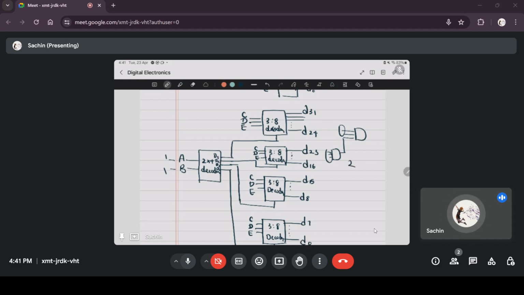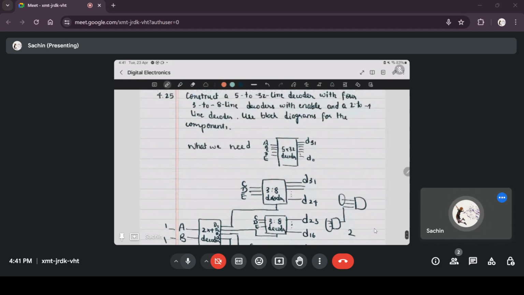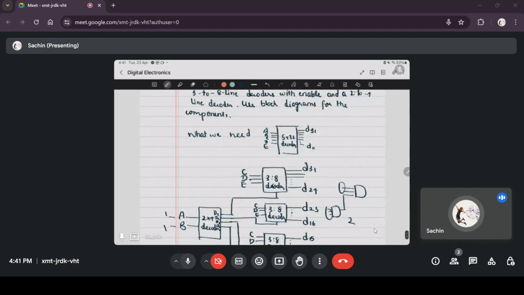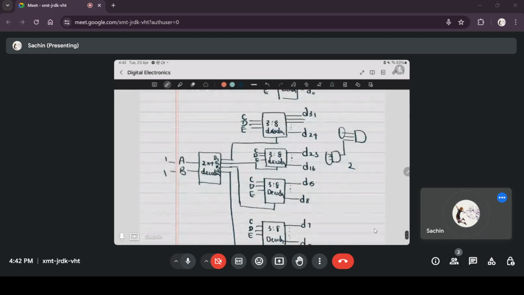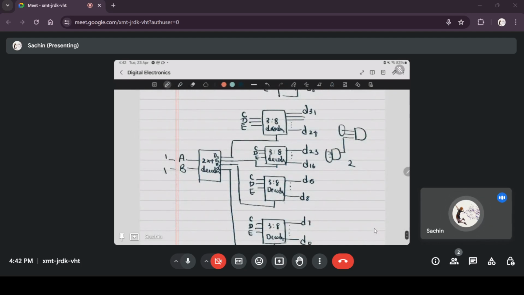So assuming you have only 3-input AND gates, if you directly try to implement the 5:32 decoder, then for each of the 32 outputs you would need 2 AND gates, which would mean that you would need 64 AND gates. However, in comparison here you need only 36 AND gates.